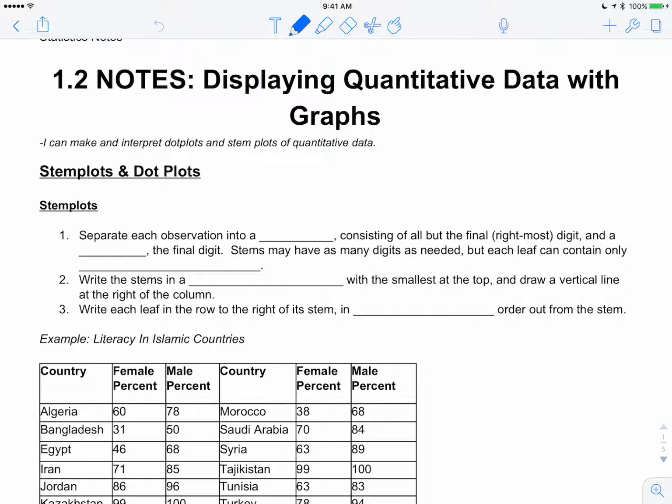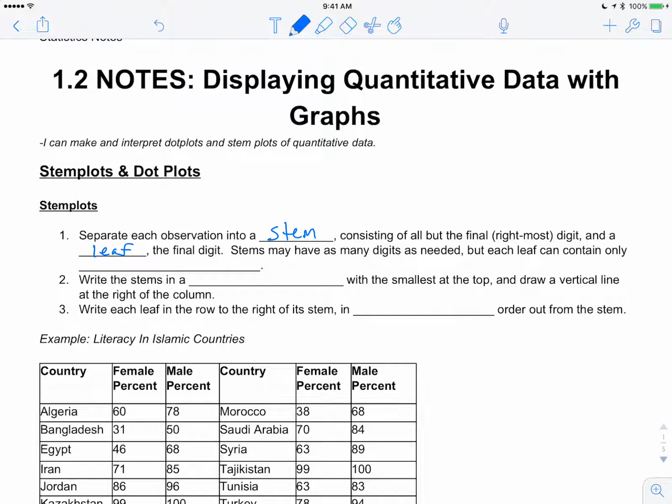So first, stem plots. Stem plots are going to be separating each observation into a stem consisting of all but the final rightmost digit and a leaf. So the other name for this is a stem and leaf plot, or just stem plot. That leaf is going to be the final digit.